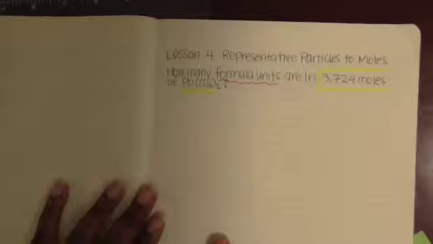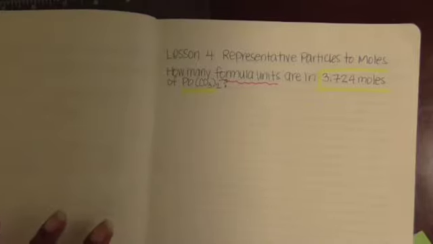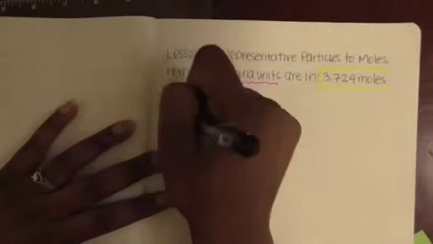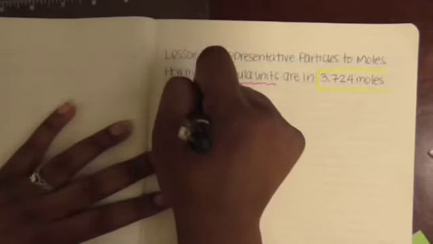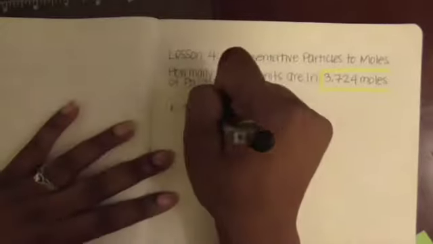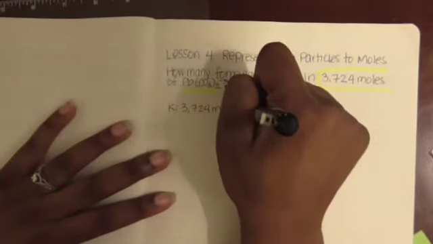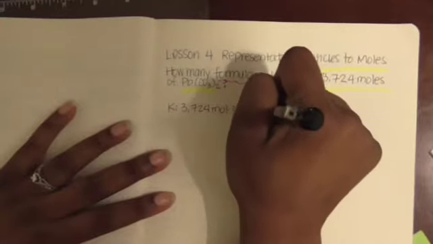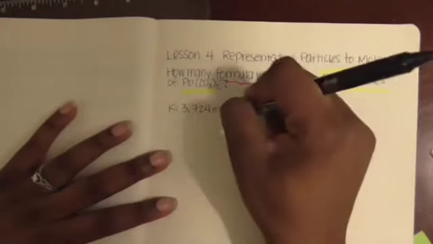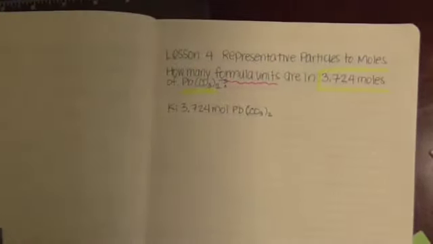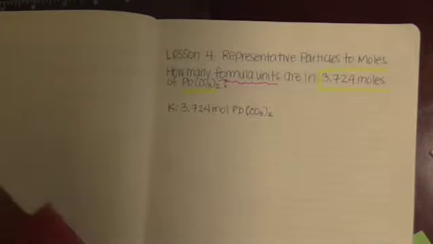First and foremost, with any problem that we do, we have to write down our knowns. So our known is 3.724 moles of Pb(CO3)2, and we're going to give that a nice little yellow sticky, just like the last time.